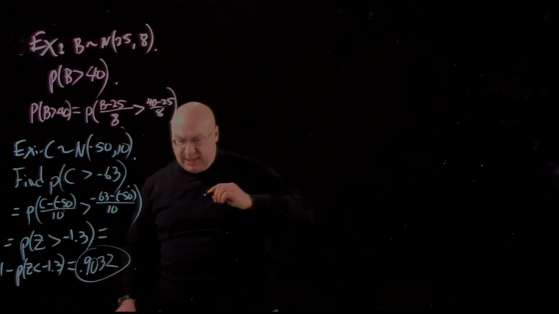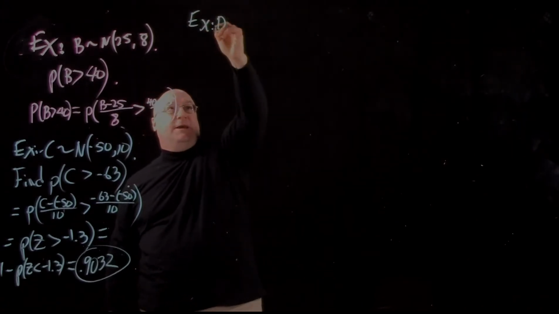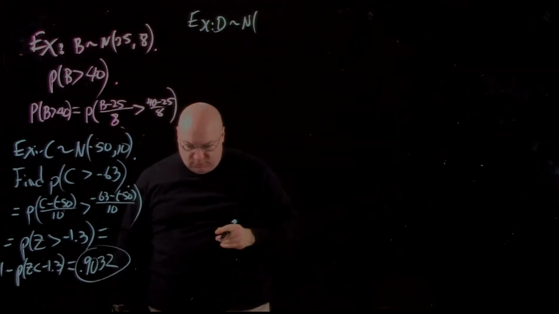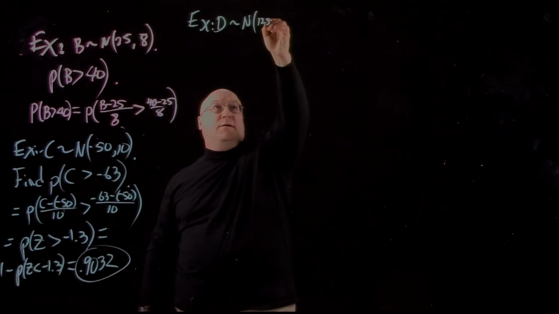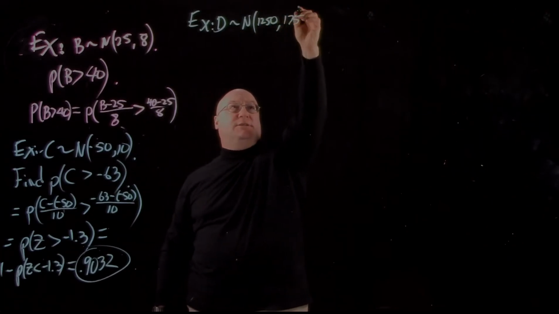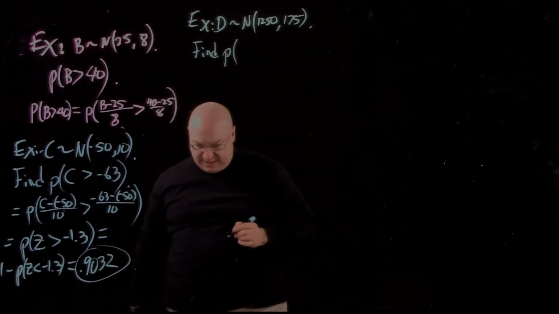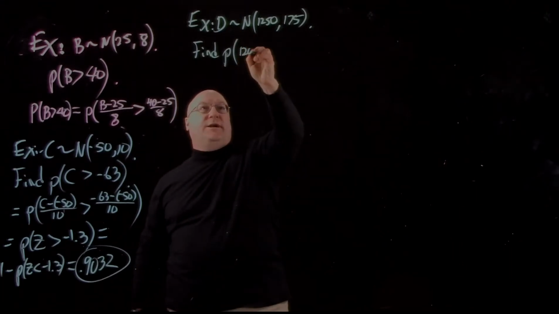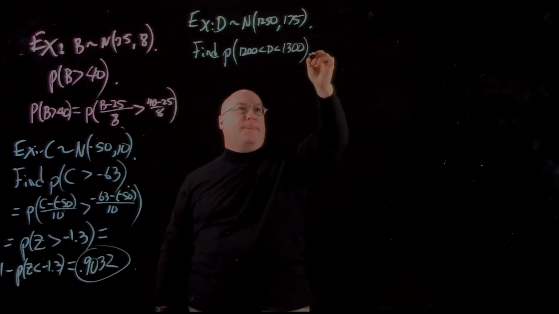Okay, next example. I'm just wanting to kind of fly through these here. D is normally distributed with mean 1250 and standard deviation 175. And you want to find the probability that 1200 is less than D, which is less than 1300.